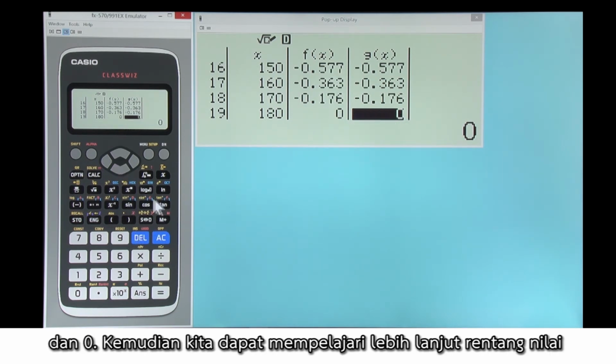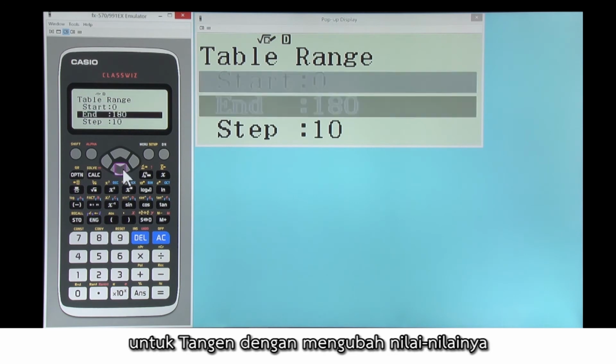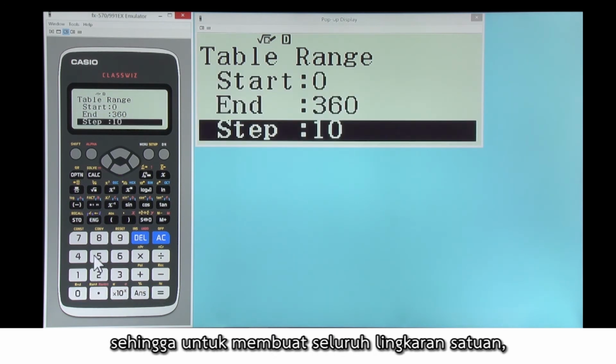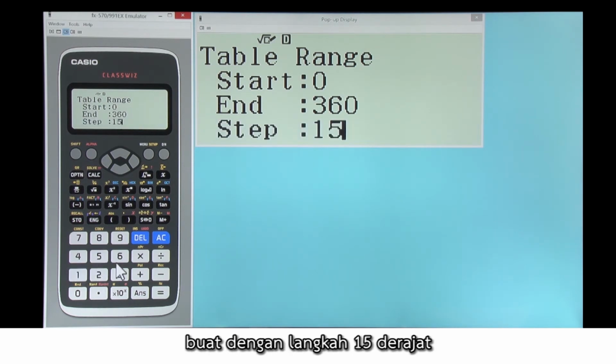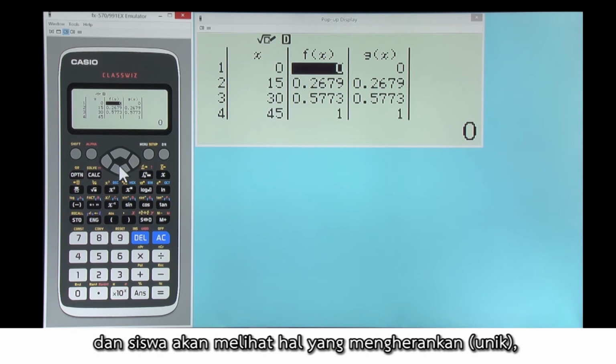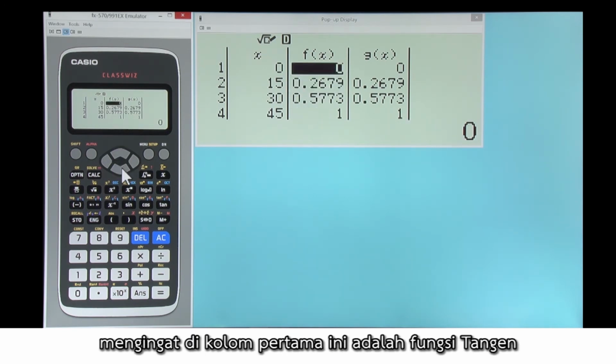And again, we can study further the range of values for tangent by changing the values again, say make the entire unit circle, make this 15 degrees, say. And what students will notice, perhaps to some surprise, remember in this first column is the tangent function.